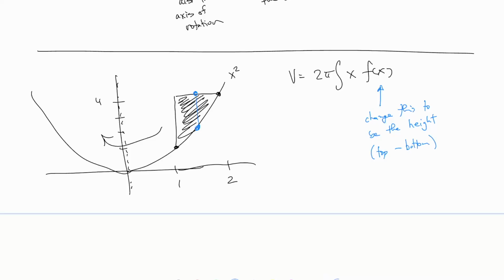And it is like the height of that blue segment that I drew over there. I would find that by doing the y value at the top minus the y value at the bottom. What do you think? Anybody say what this is in this case? In my example?